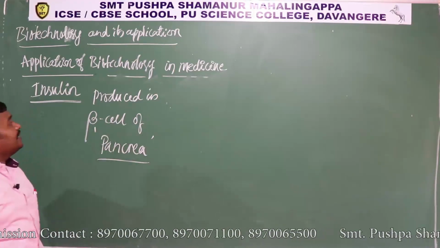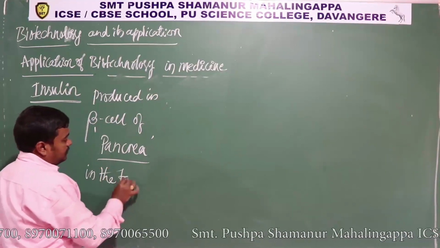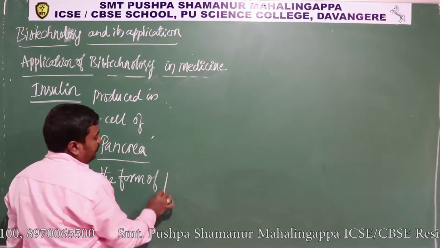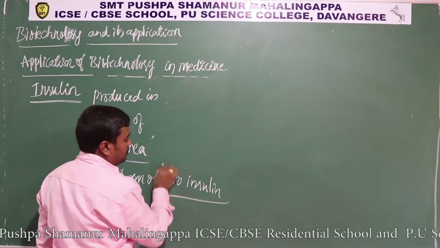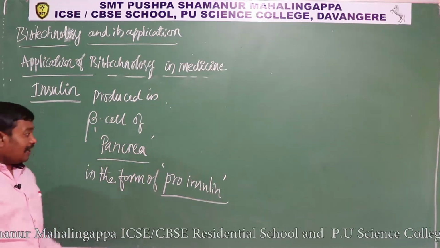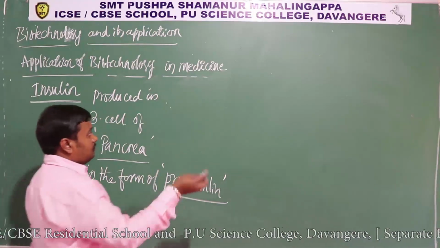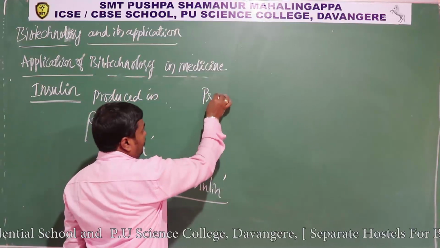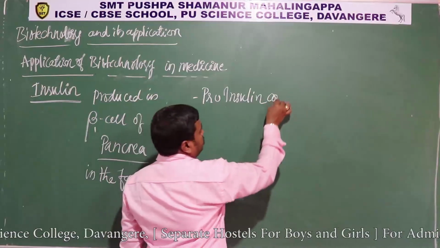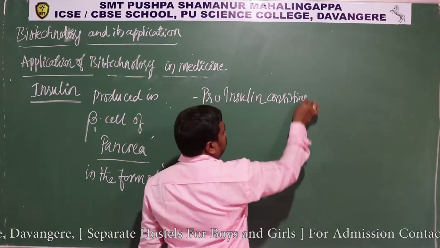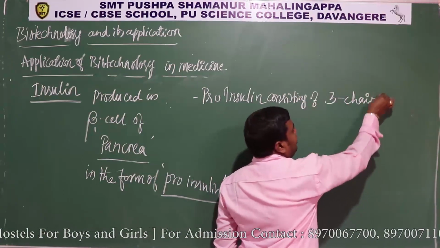So pancreasದಲ್ಲಿ ಈ ಇನ್ಸುಲಿನ್ ಪ್ರೊಡ್ಯೂಸ್ ಆಗುತ್ತೆ in the form of proinsulin. proinsulin ಅನ್ನೋ ಫಾರ್ಮ್ನಲ್ಲಿ ಈ ಇನ್ಸುಲಿನ್ ಬಾಡಿನಲ್ಲಿ ಪ್ರೊಡ್ಯೂಸ್ ಆಗಿರುತ್ತೆ. ಸೊ proinsulin ಅಂದರೆ proinsulin consisting of three chains.